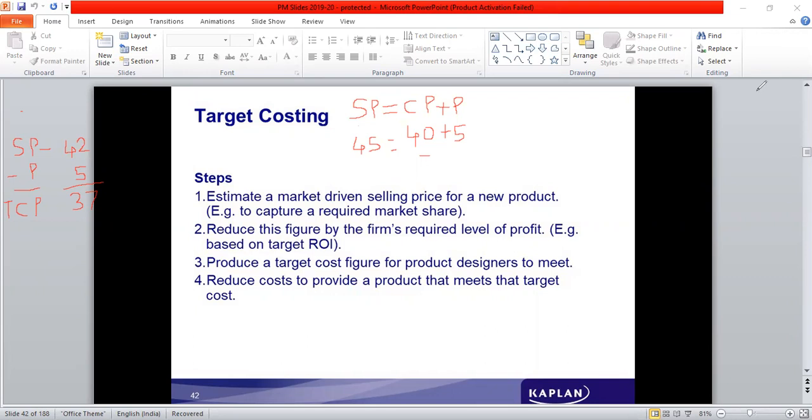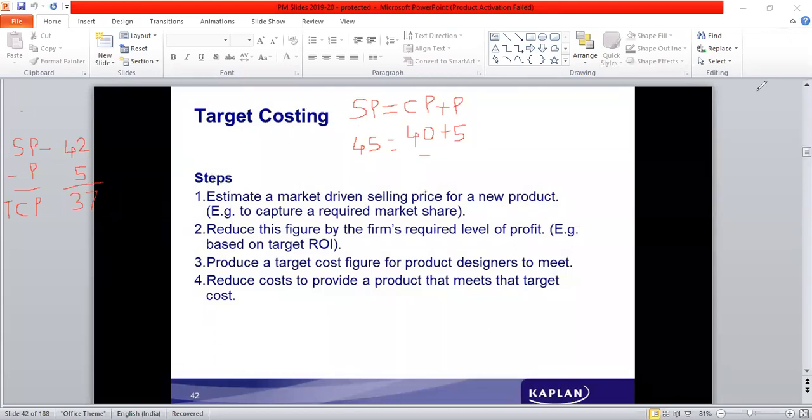Keeping the quality of the product intact, any possibility of reducing their cost has to be looked into and worked out. So if material cost has to be reduced, reduce it, but the quality should not reduce. Anywhere if there is any wastage, that has to be eliminated. Some idle time is there, which is unproductive.